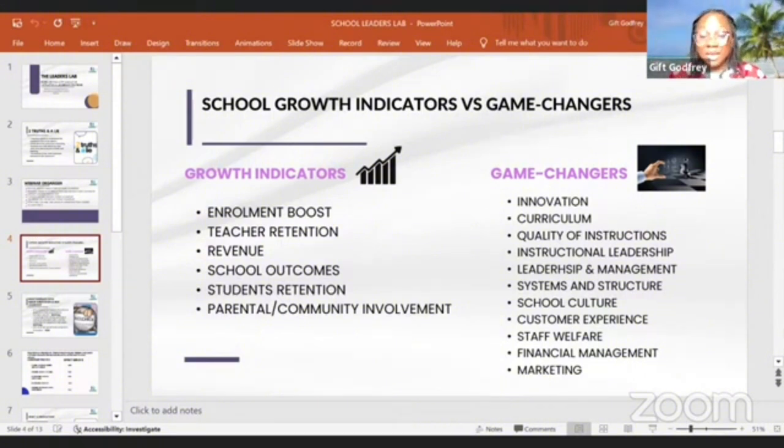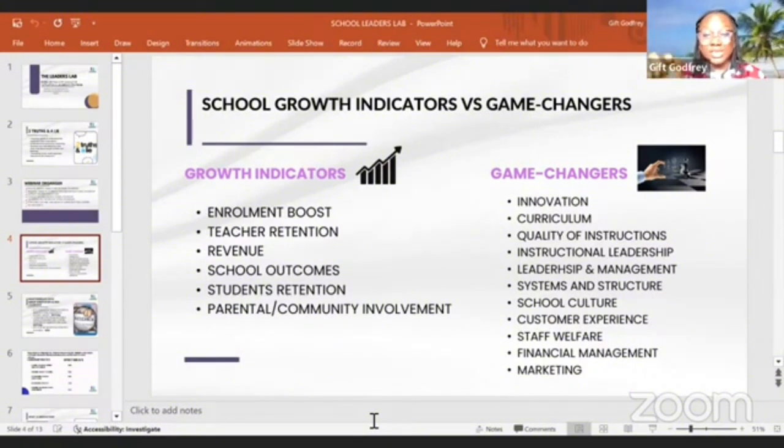Now, what are the game changers? How do you achieve these? How do you mark this index? We have innovation. Please look at that. In the 21st century landscape, you must be, not you may or you will, you must be an innovative school or innovative leader. Curriculum must be top-notch. It must be robust. Now, quality of instructions, look at that.